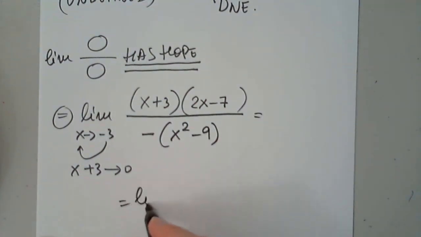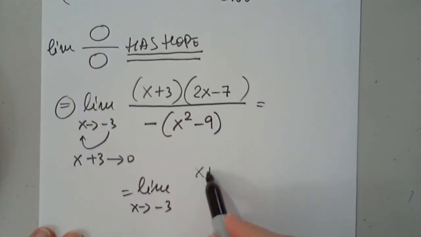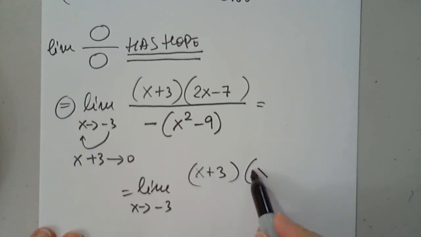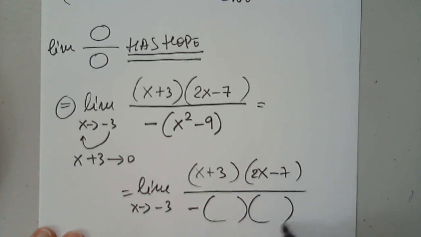So now I continue with the limit as x approaches -3. Of course, I will factor. Can anyone give us the factored form for the denominator? Anyone? x plus 3, x minus 3.